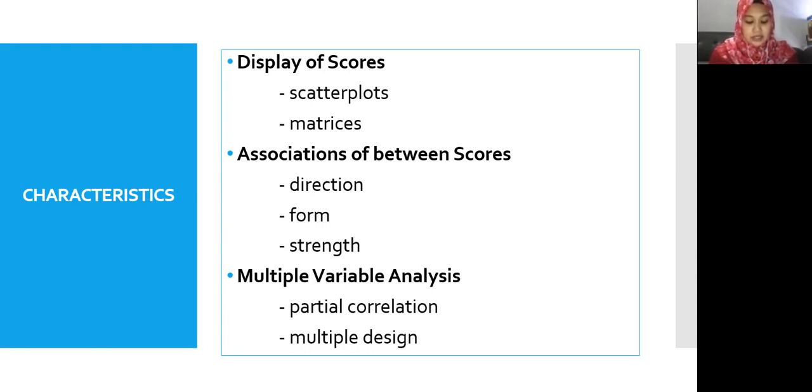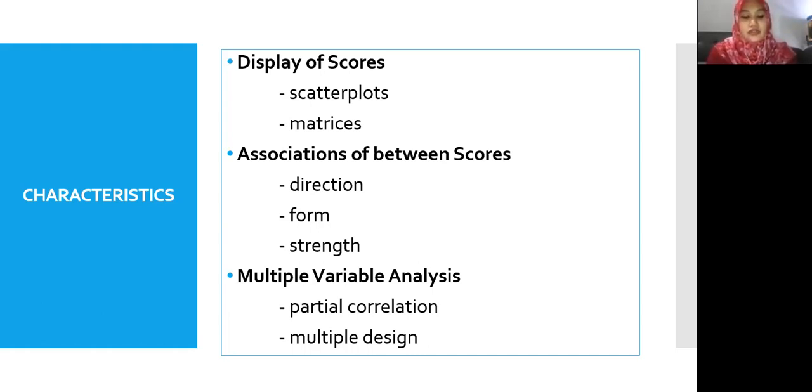A positive correlation, for example, is when X increases, Y also increases. So it can be concluded as positive. And for negative correlation, when X increases, Y decreases. So we can say that this is negative correlation.